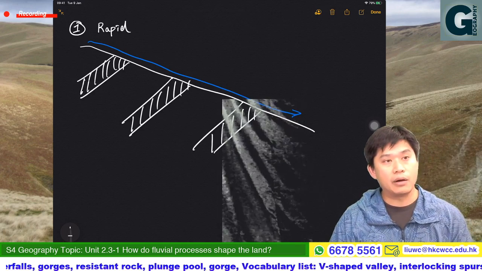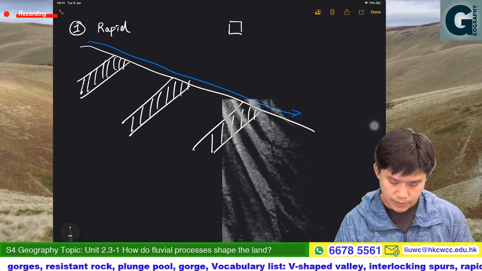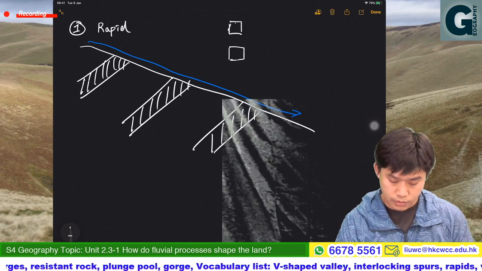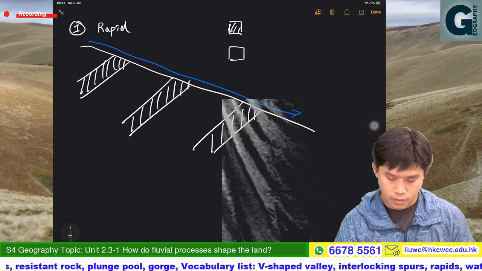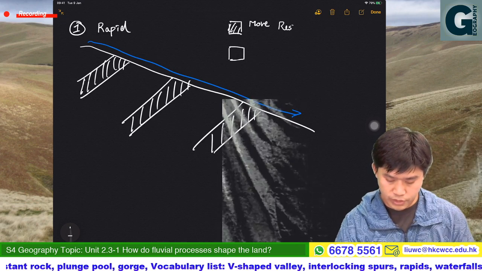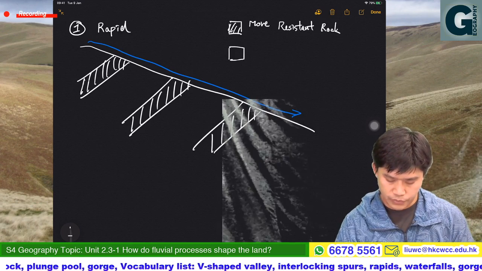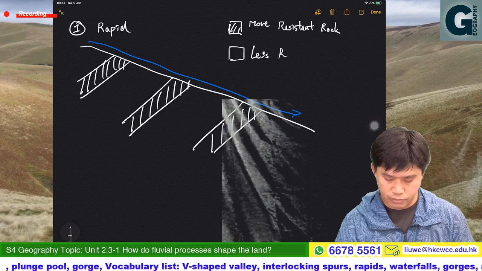Different layers of rock resistance. So two types: more resistant rock and less resistant rock.